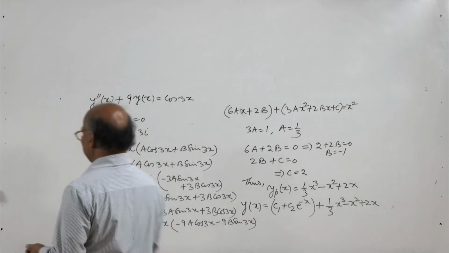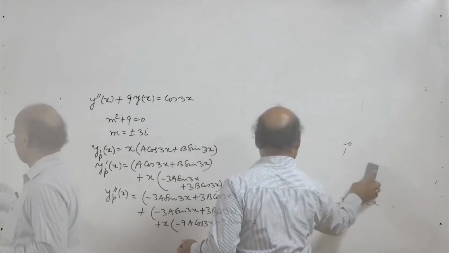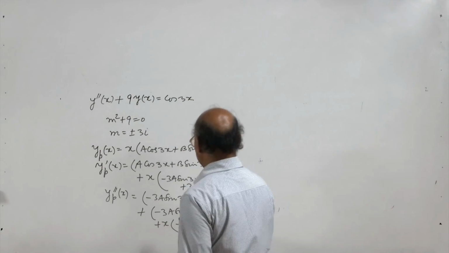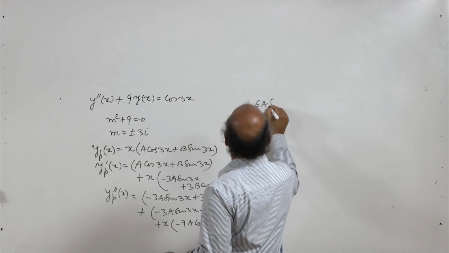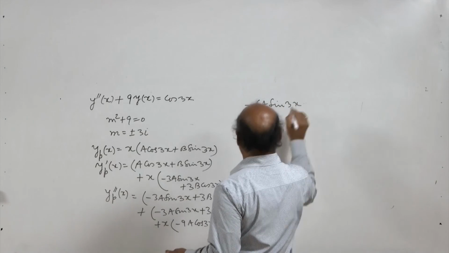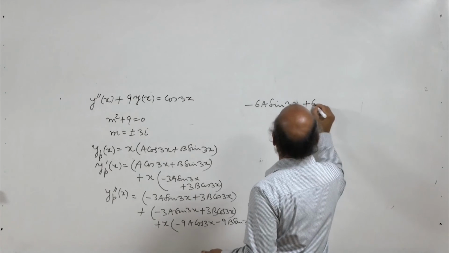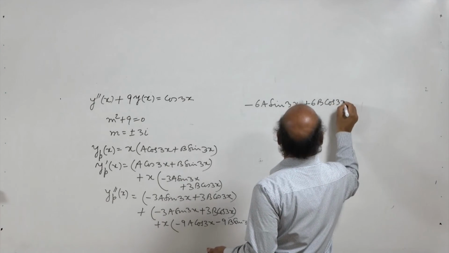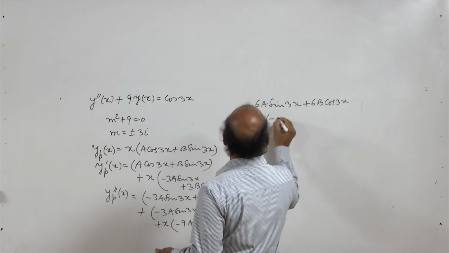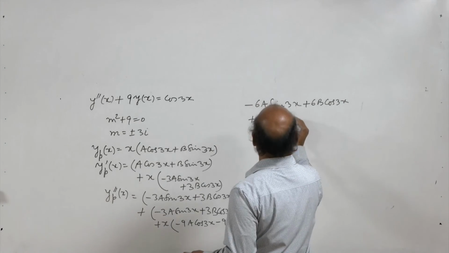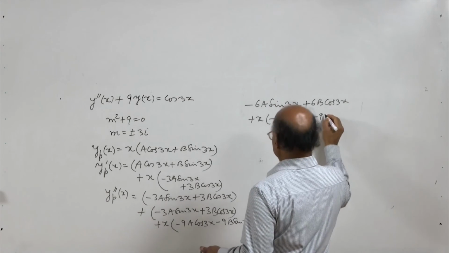So when you put these values in the given differential equation, let us see what we get. So by y_p'', now this is minus 3a sin 3x minus 3a sin 3x, so minus 6a sin 3x, and we get 3b cos 3x, 6b cos 3x, and then x times (minus 9a cos 3x minus 9b sin 3x).